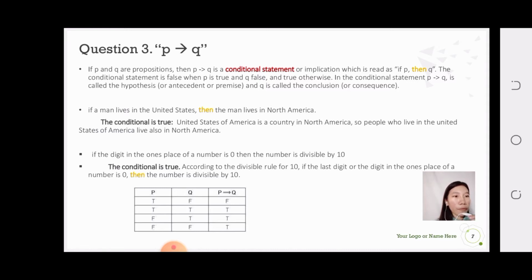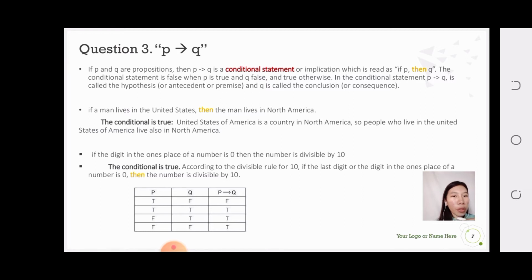So, ang iyang result ani, the conditional is true. It is because according to the divisibility rule of 10, if the last digit or the digit in the ones place of the number is 0, then the number is divisible by 10.